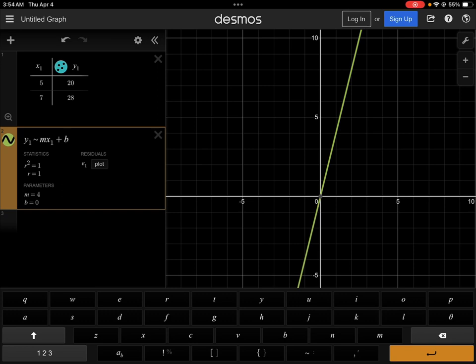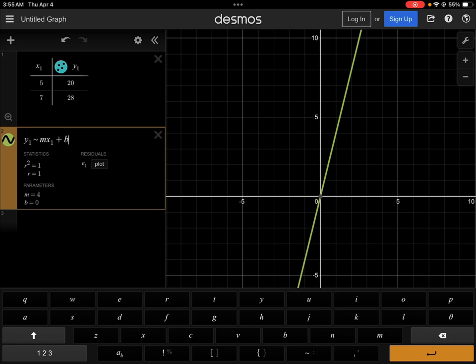The moment we write it with a squiggly, we're asking the calculator to estimate it. So the graphing calculator does the work. We also need to put X1 and Y1, because that refers to the table we just made. Now we look at what's underneath at the bottom. It says m equals 4, b equals 0.